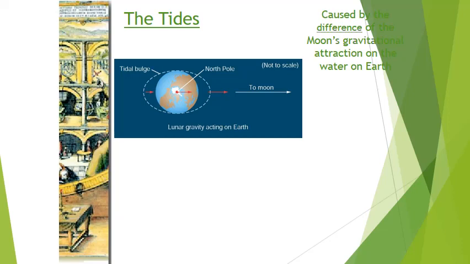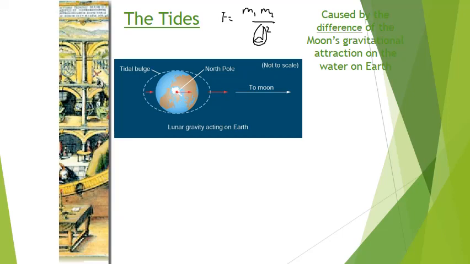Remember that the gravitational force, as we know according to the law of gravitation, is really dependent upon the masses of the two objects and the distance between. And so it turns out that the moon actually attracts the water on the near side of the Earth a little more than it does the center of the Earth or even the far side of the Earth, because the distance there is a smaller value, and therefore the overall force is larger.